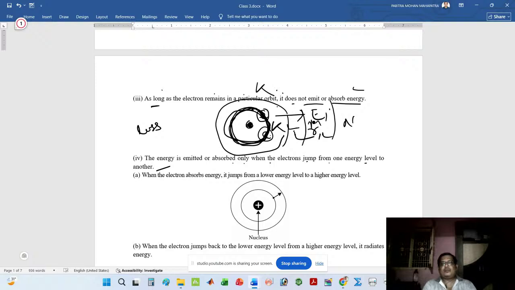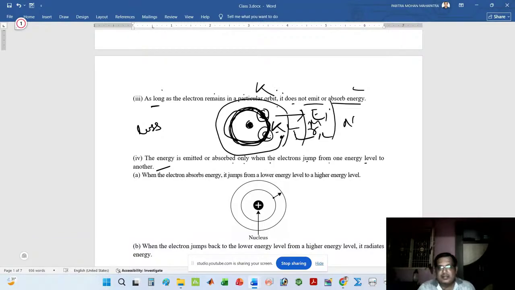When the orbit is away from the nucleus, the energy of the orbit increases. If an orbit is near the nucleus, then its energy is less as compared to the orbit which is away from the nucleus. So if an electron jumps from the K cell to the L cell, it shifts from a lower energy level to a higher energy level.